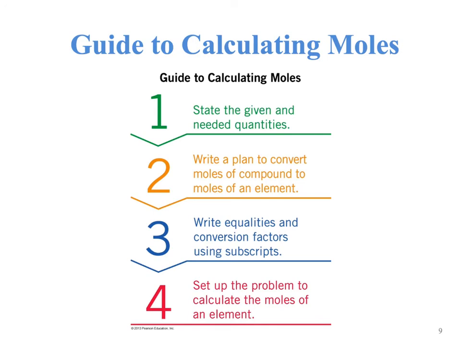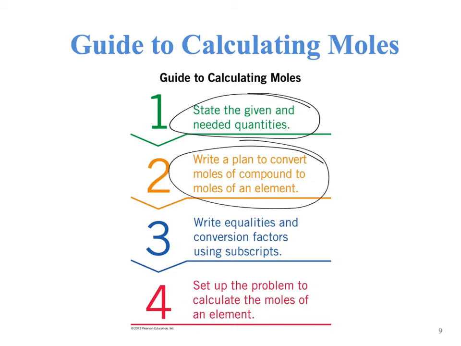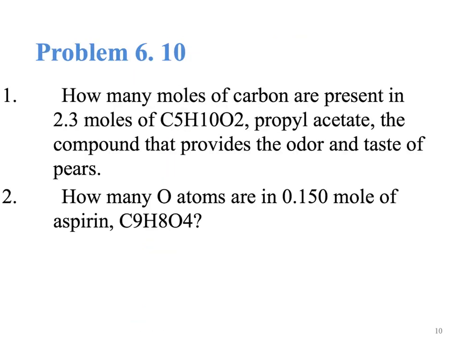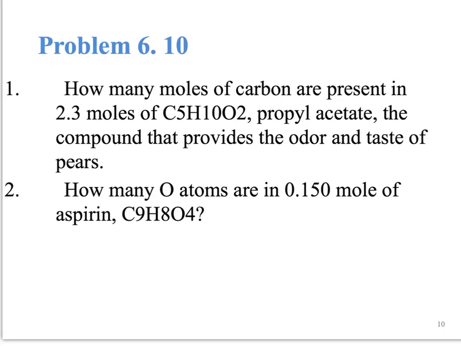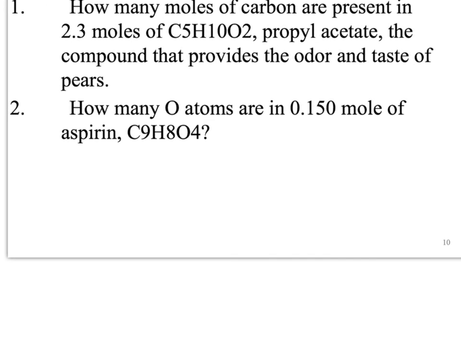So the problems that we're going to do is calculate moles. We're going to get the given units, have a plan, write the equalities of the conversion factor, set up the problem, the math. So let's do these two problems together. How many moles of carbon are present in 12.3 moles of this? So we have 2.3 moles of this compound.